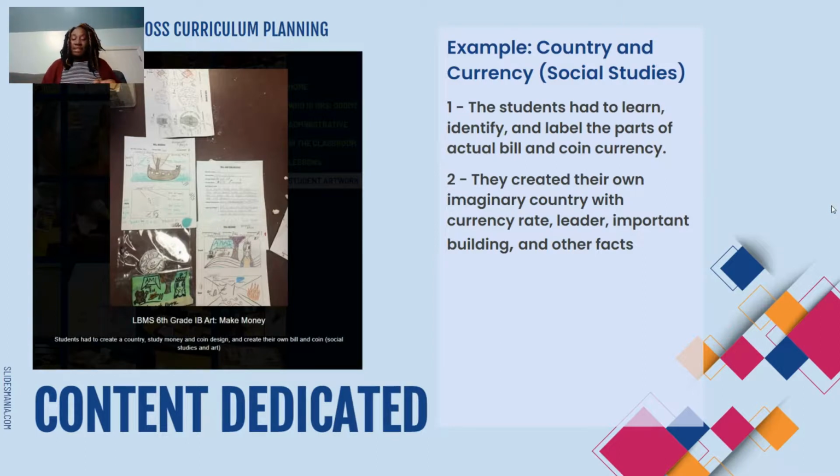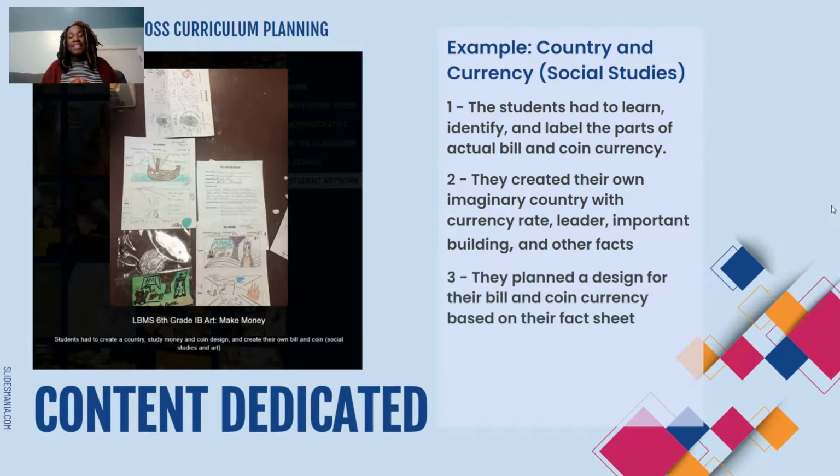Okay. Then the third step, I had them plan a design for their bill. So I gave them a worksheet with a rectangle and a circle. And they had about 2 or 3 rectangles and 2 circles. And they had to give multiple designs of what they would like their bill to look like, but they had to have the labels, like the number delineation of how much that bill was worth.